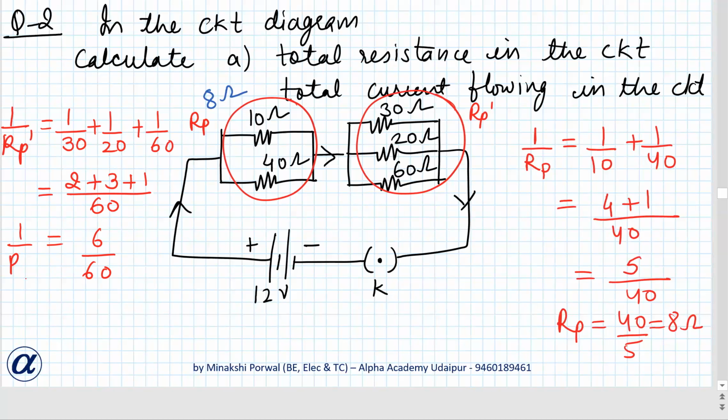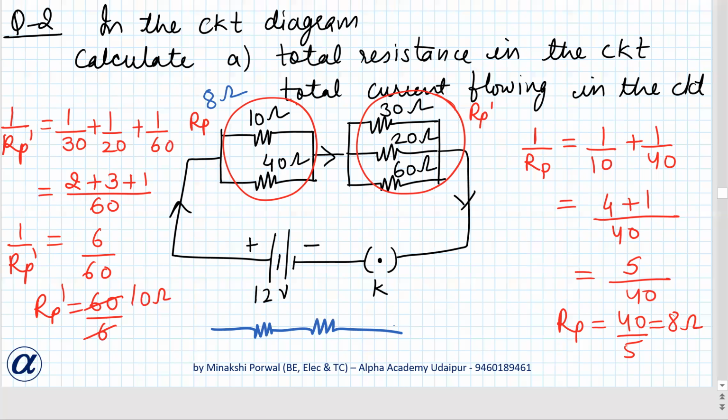So 1 by Rp dash, Rp dash equals 60 by 6. That is equal to 10 ohm. Okay. So if I redraw this circuit, it will be two resistances in series with this 12-volt battery and a switch. This two resistances in parallel can be replaced by 8 ohm resistance. This 3 resistance can be replaced by 10 ohm resistance.